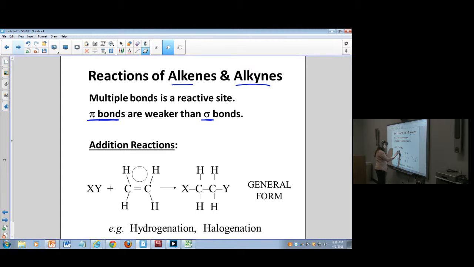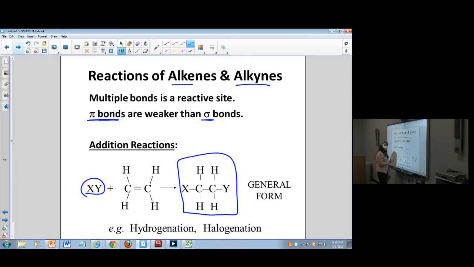So in this case, when we take a double bonded carbon and some XY, notice that we end up getting an alkane type of situation. We don't know what X and Y are, but it's still all singly bonded again, and we broke that pi bond. If we add certain things, for example, we could add hydrogen.